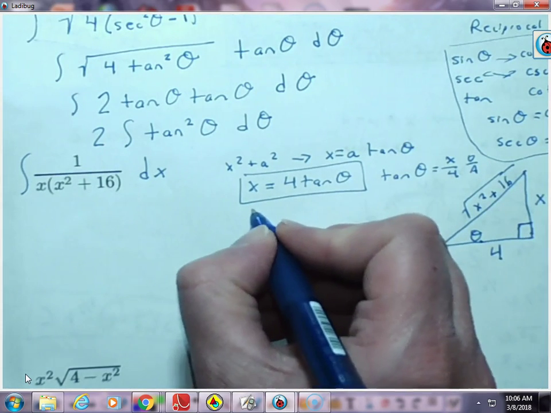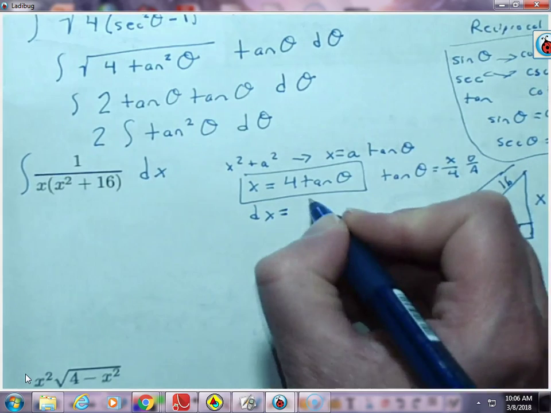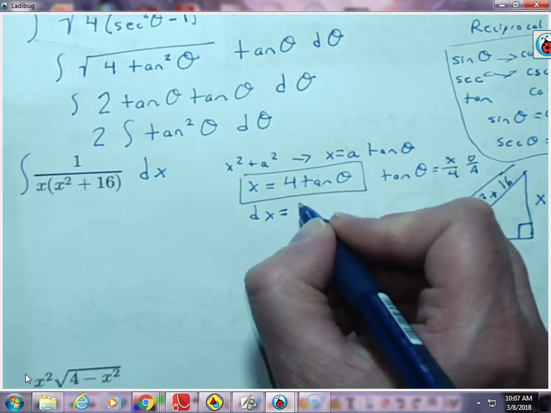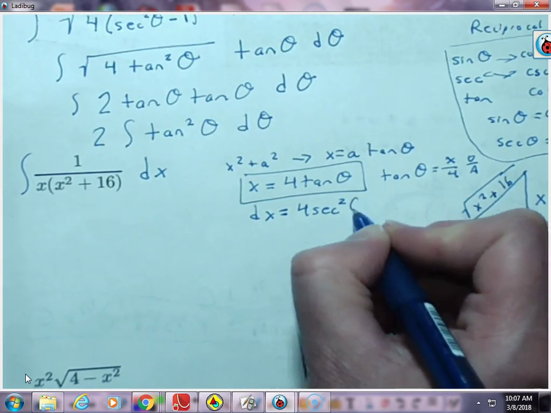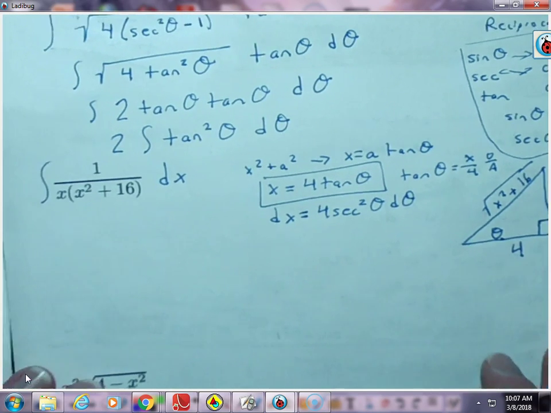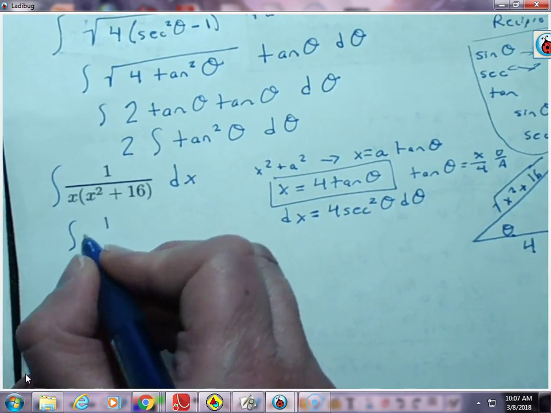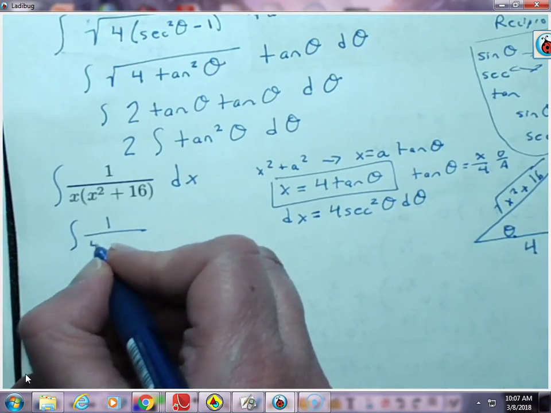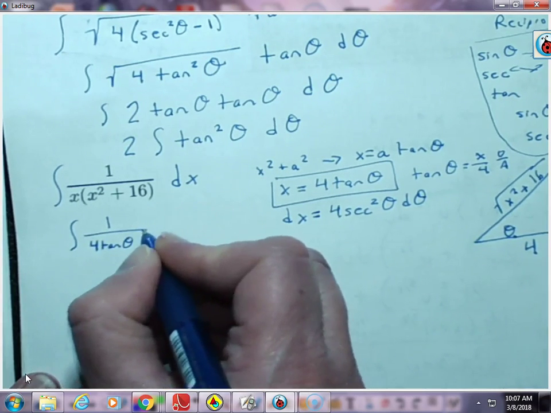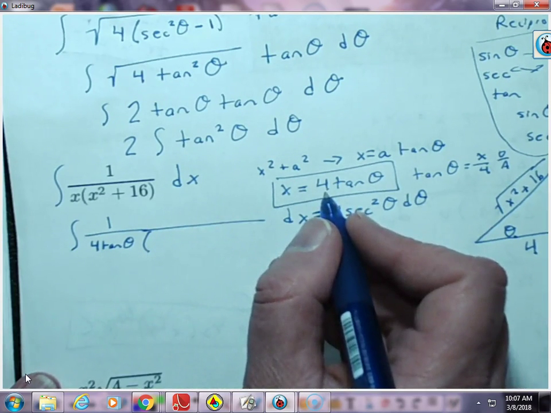So I got x, what else do I need? dx. Good plan. Talk to me about it. dx equals 4 sec squared theta d theta. Now you're going to go to your problem and change it all to thetas and d thetas. Okay, so here we go. 1 over x, and then, can I go ahead and square it?